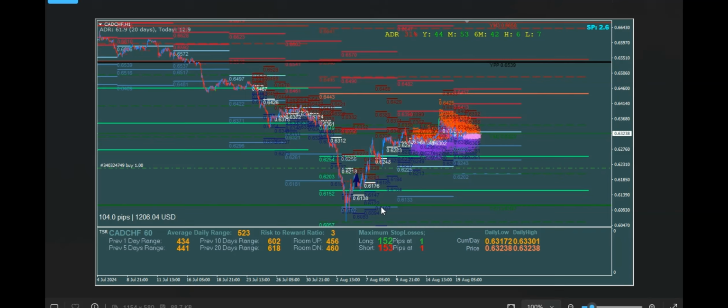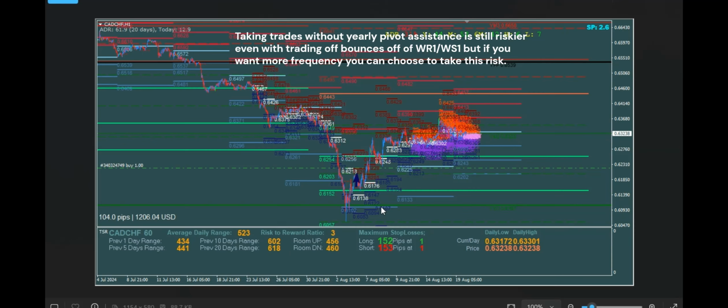And I believe that if there are certain months where trade opportunities are less and we want to increase the frequency of trades, then we can take trades without yearly pivots as long as price hits a weekly R1 or a weekly S1 level and bounces from those levels.